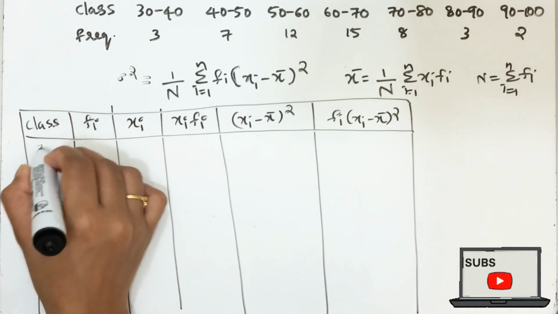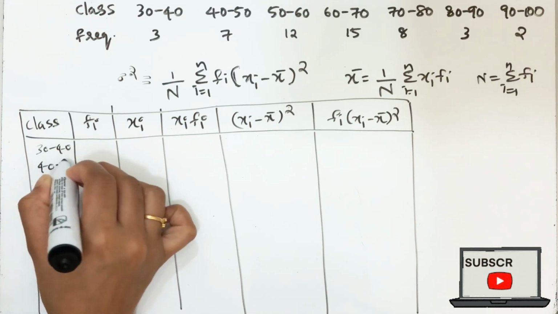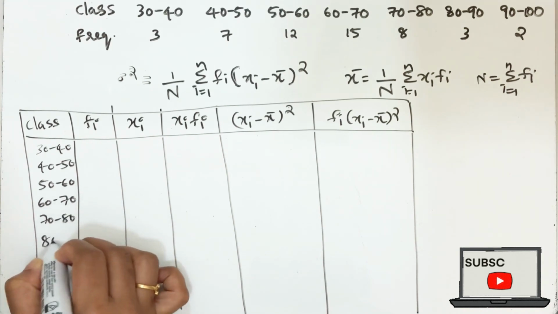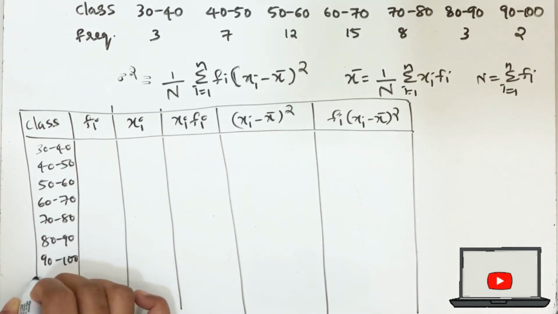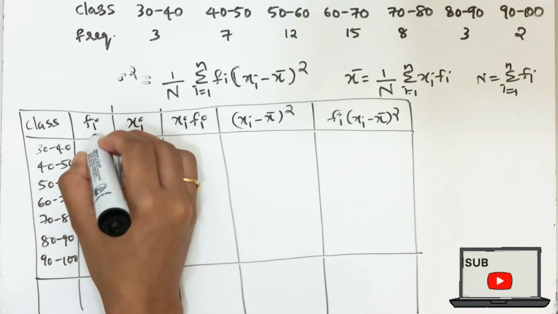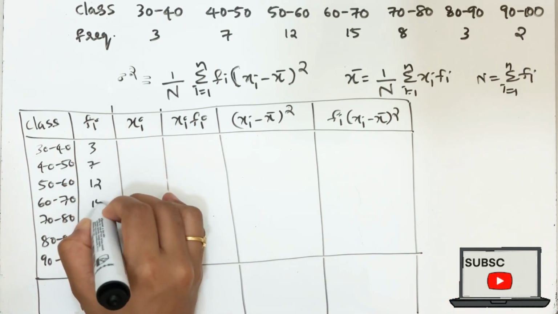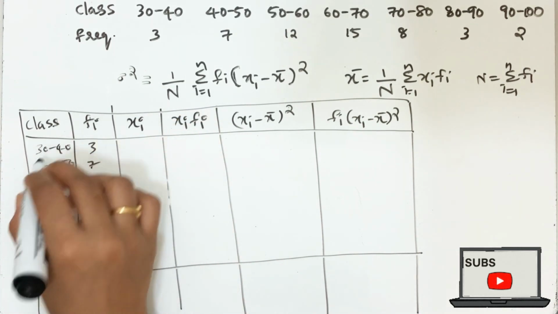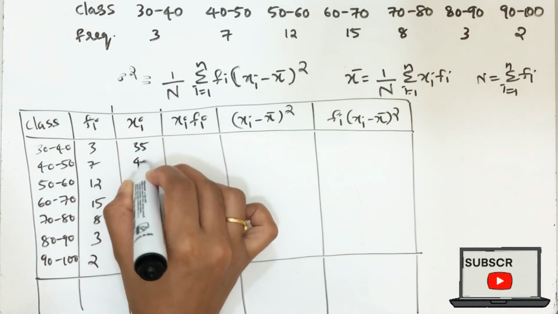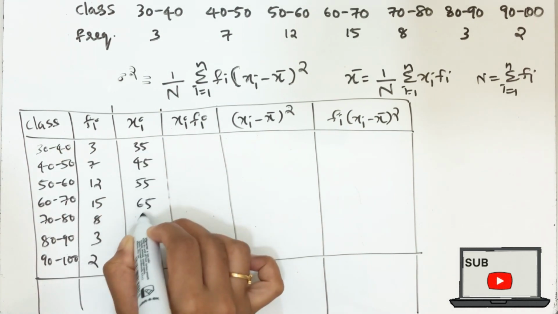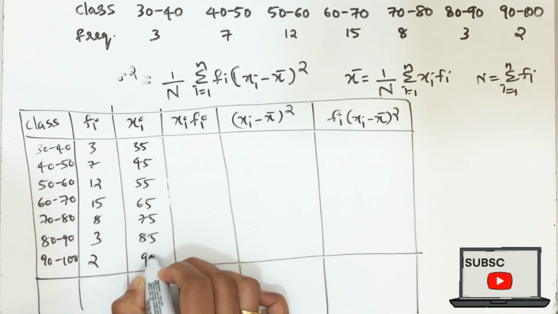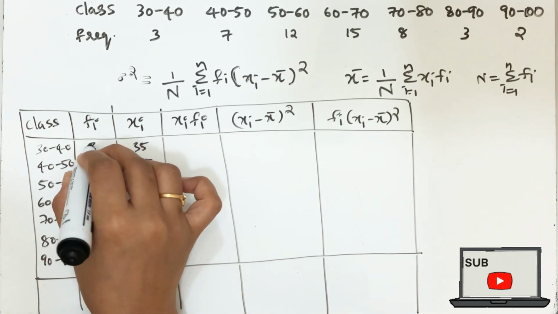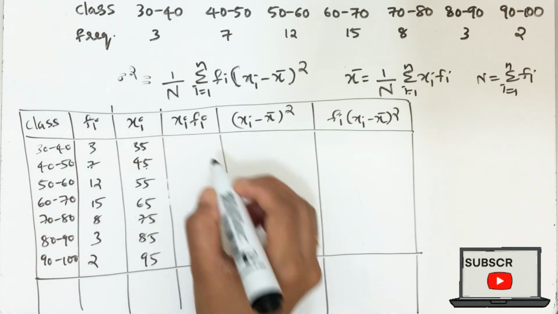Write the given data here, 30 to 40. We can write xi, midpoint of each class. Here 35, 45, 55. Next xi into fi, that is 35 into 3, 45 into 7, like that. Write the values.